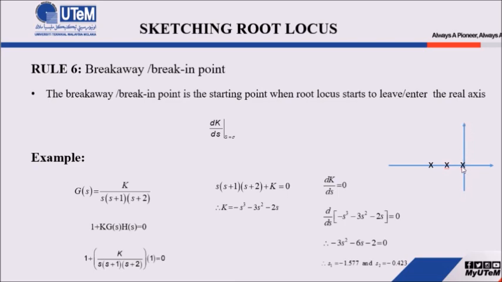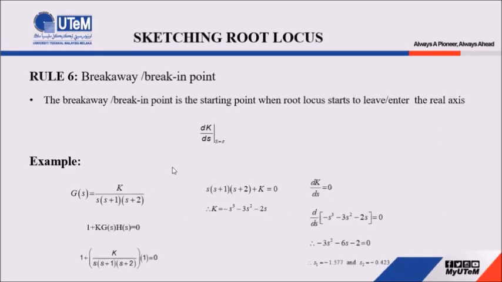So in this case, the breakaway point occurs at negative 0.423. Based on this information, the system only has a breakaway point because there are only poles involved in this system.